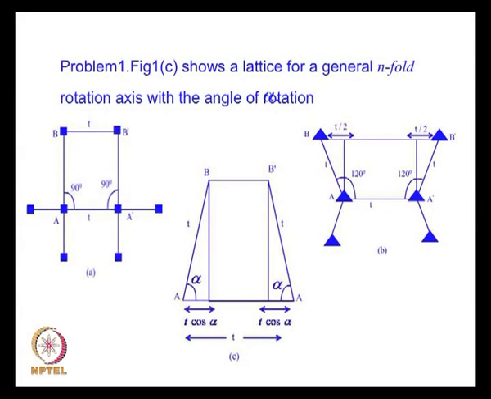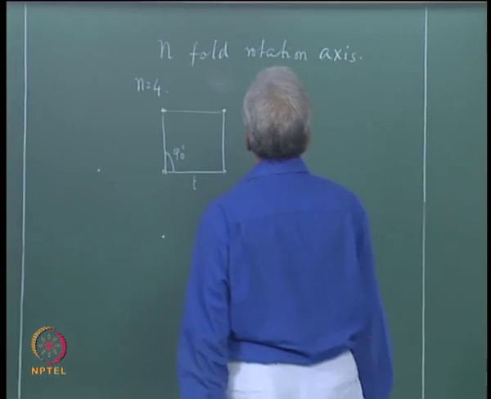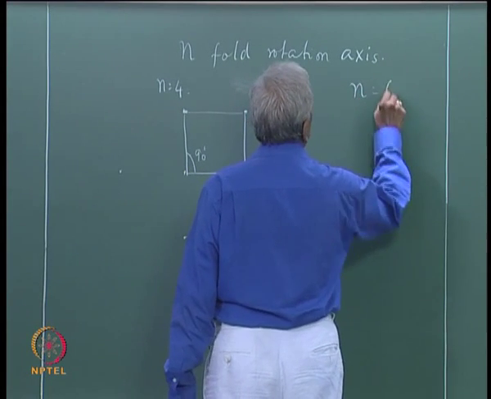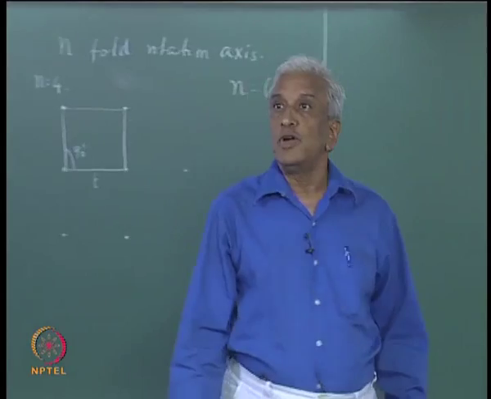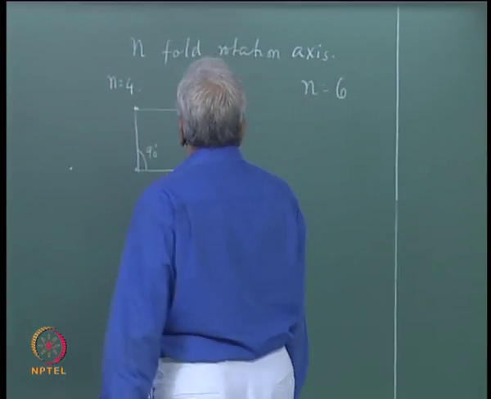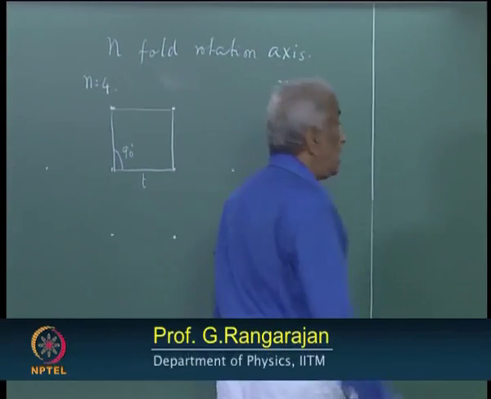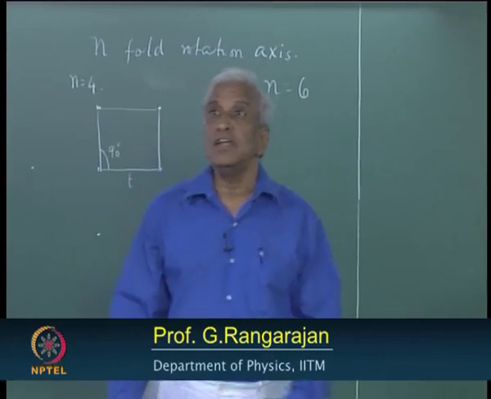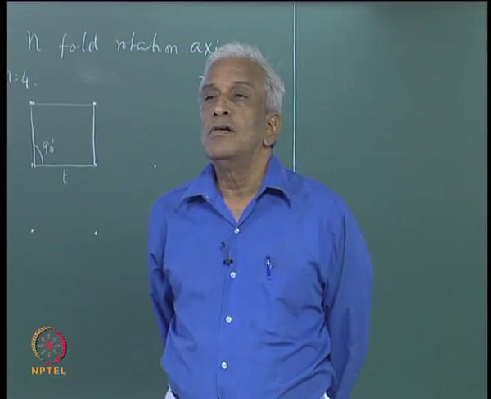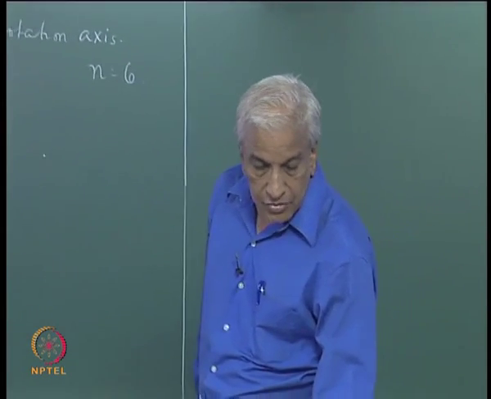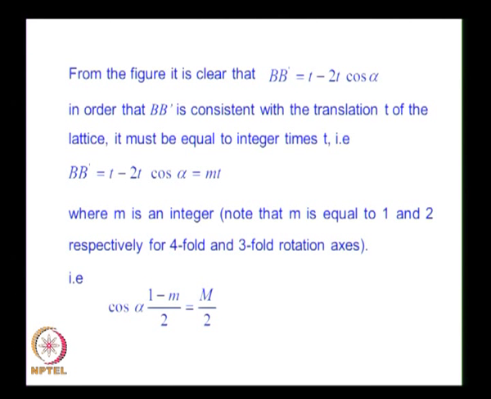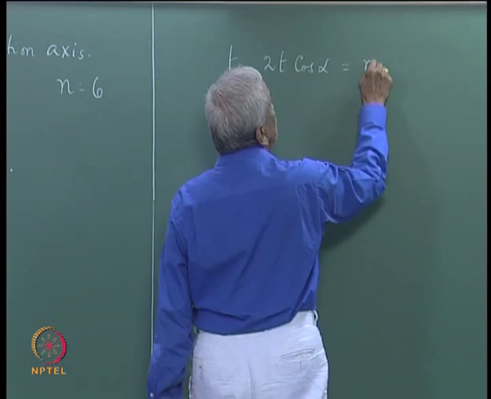Similarly, the next figure 1b also shows the same thing for n equal to 6, for a 60 degree rotation. Now, in general we can show this in 1-2c, the general situation is shown, from which it is clear that we have the condition t minus 2t cos alpha should be some integer times the translation vector.